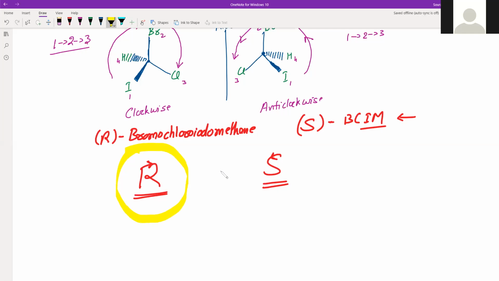While writing R, when drawing the curve, you are moving in the clockwise direction. So that is R configuration. If you are moving in clockwise direction, that will always be R configuration, and the one which is left will be S configuration.